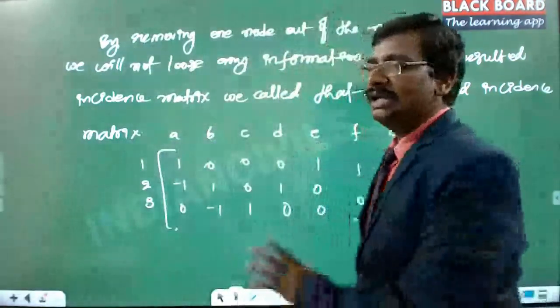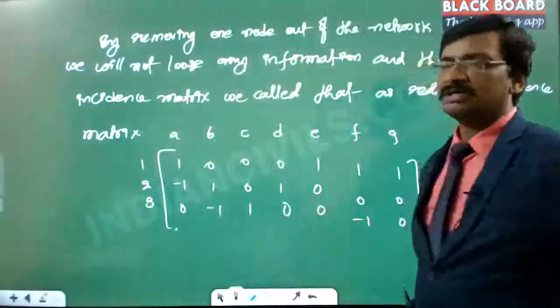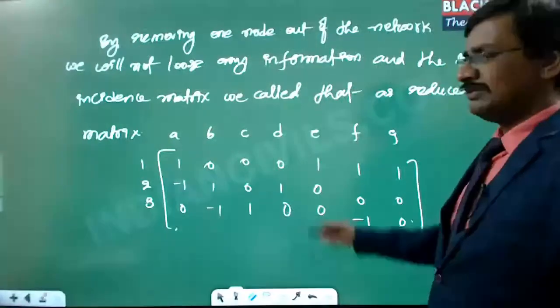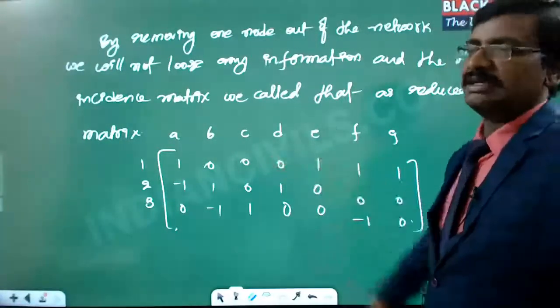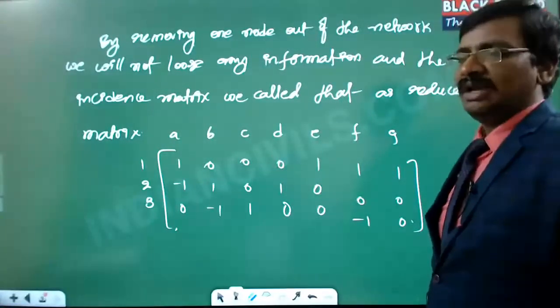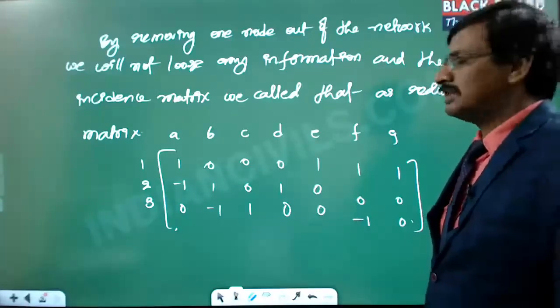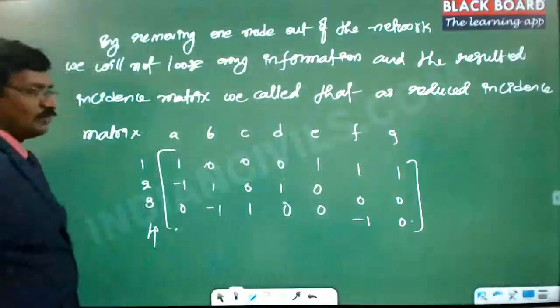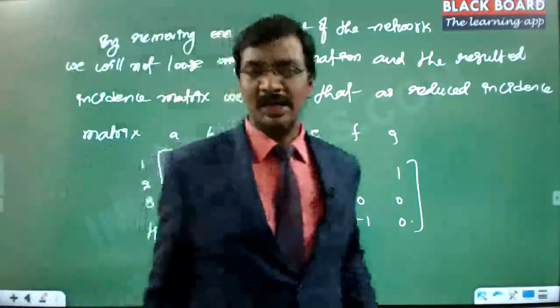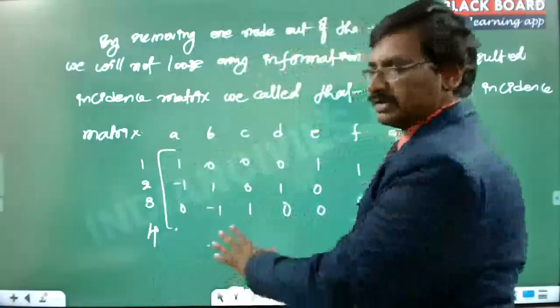We are not losing any information out of this. Let me tell you why. If I say this is a reduced incidence matrix, meaning I have removed one row, then if I ask you to construct the missing row, you can immediately construct it, even without knowing the network information.